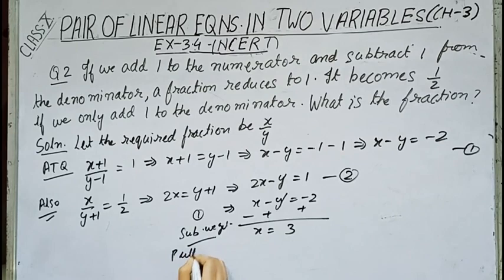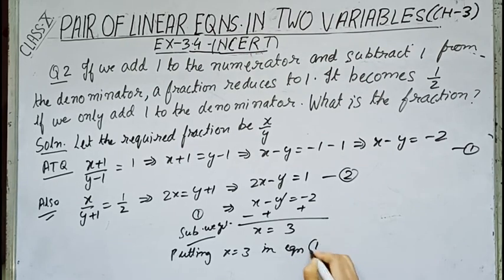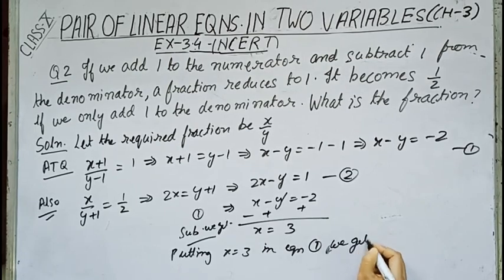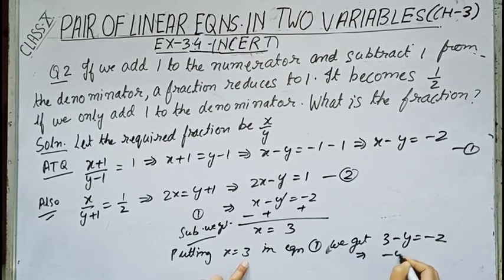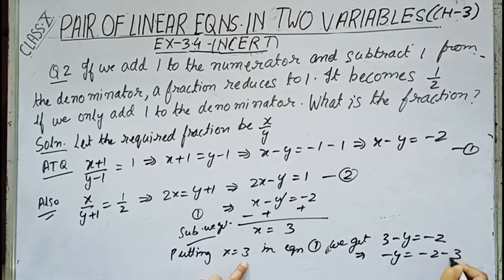Now putting x equals to 3 in an equation, any equation you can put, I am putting in number 1. We get 3 minus y equals to minus 2. This implies minus y equals to minus 2 minus 3, which implies y equals to 5.